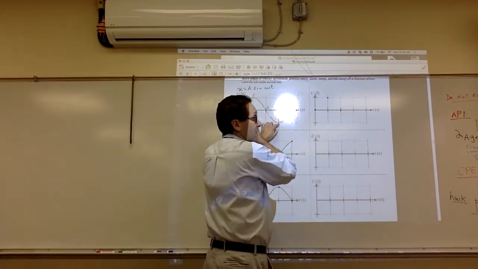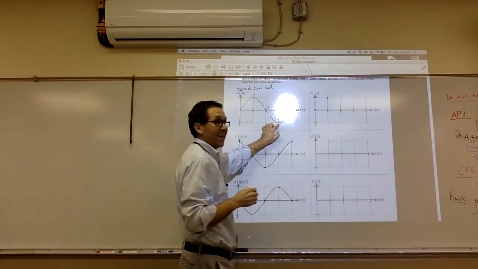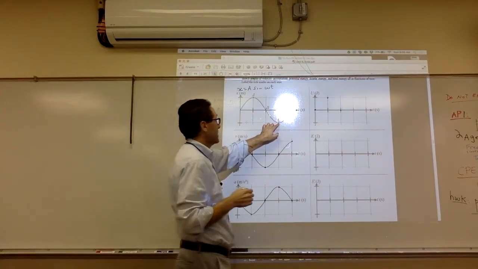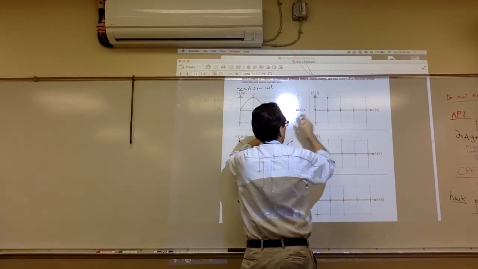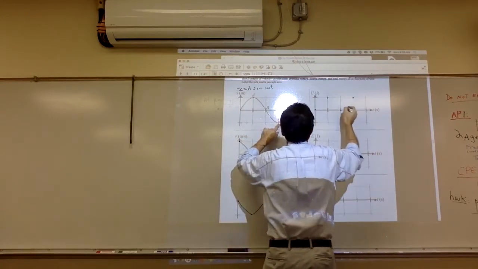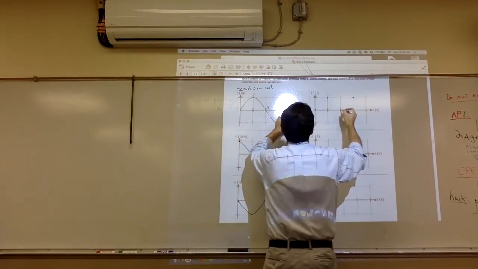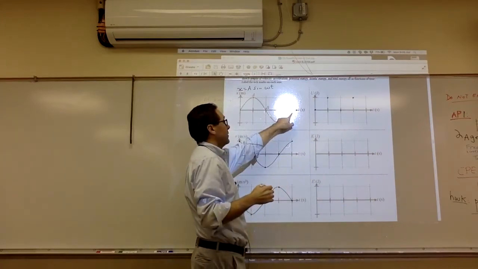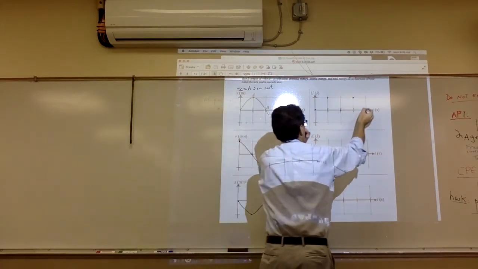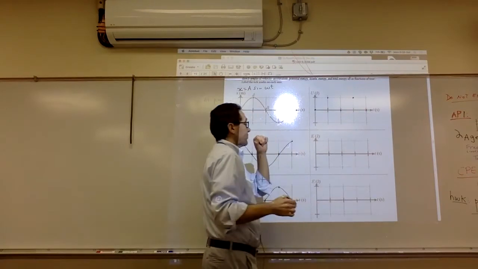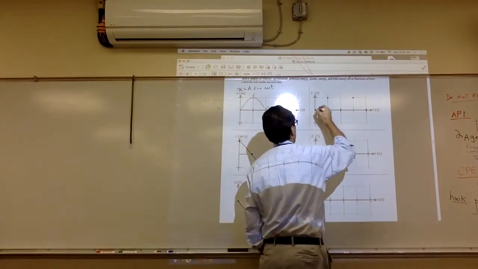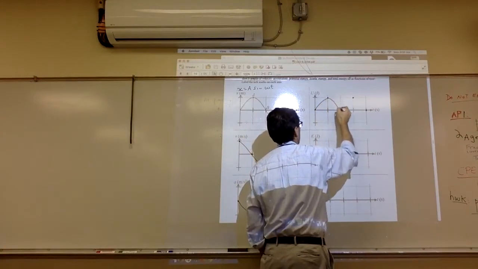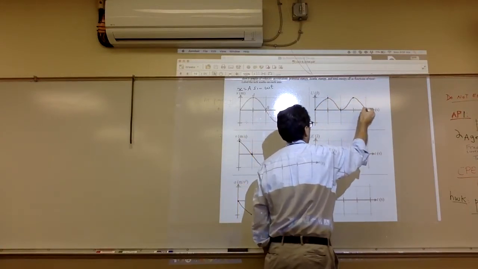Elastic potential energy is 1/2 kx squared, so it has to remain positive. In here, you have no speed, which means you have maximum elastic potential energy, and here you have no stretch, which means you have no elastic potential energy, and your curve should look like that. Okay.